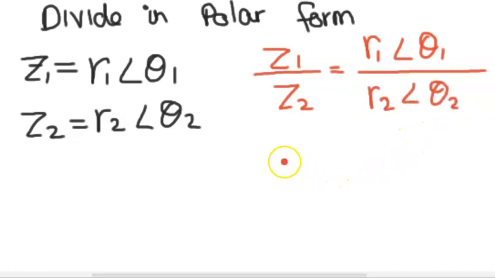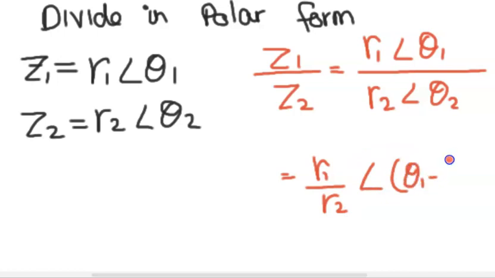Then you divide r1 by r2, angle, and you subtract the angles, theta 1 minus theta 2. This is how we divide in polar form, which is a lot easier.